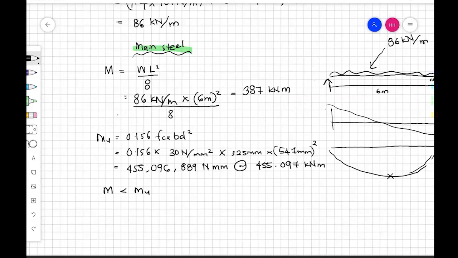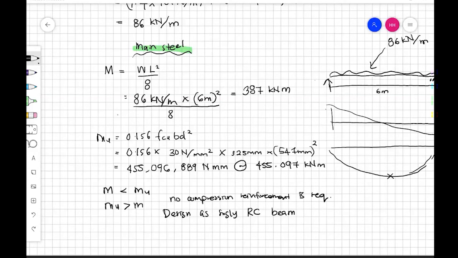So maksudnya sekarang bila M less than MU ataupun you nak tulis MU is bigger than M pun boleh, sama je. So maksudnya apa? No compression reinforcement is required. So kita tahu, we can design it as singly reinforced concrete beam.